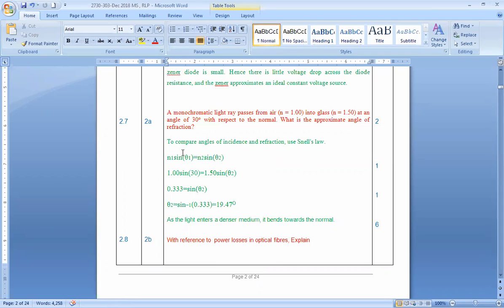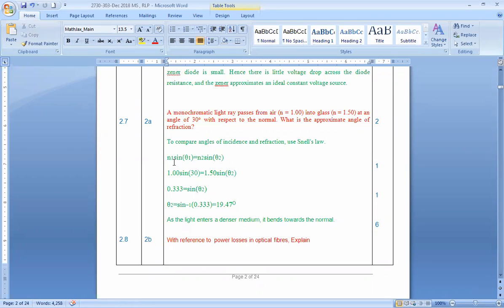So there are a few concepts where you need to learn about the angle of incidence, refraction and Snell's law. In physics, you would have seen this, right? Snell's law says that n1 sine theta 1 is equal to n2 sine theta 2.